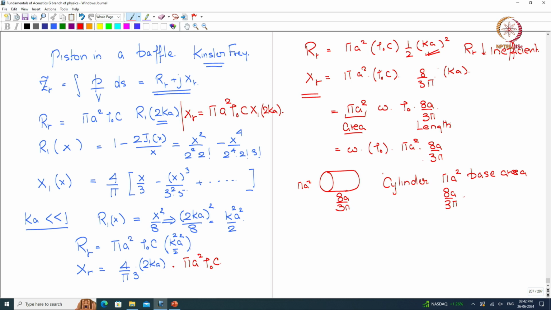It looks like a mass first of all. So, inertial, the rest of the medium is inertial with a base area this much and a length of this much, and therefore, the mass exchanges. It is not a dissipative element, it exchanges instantaneous power, so that largely the time average power is 0, and the piston is inefficient.